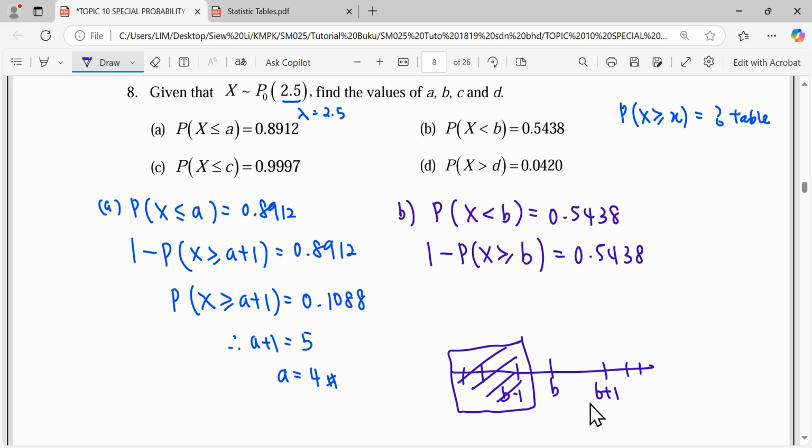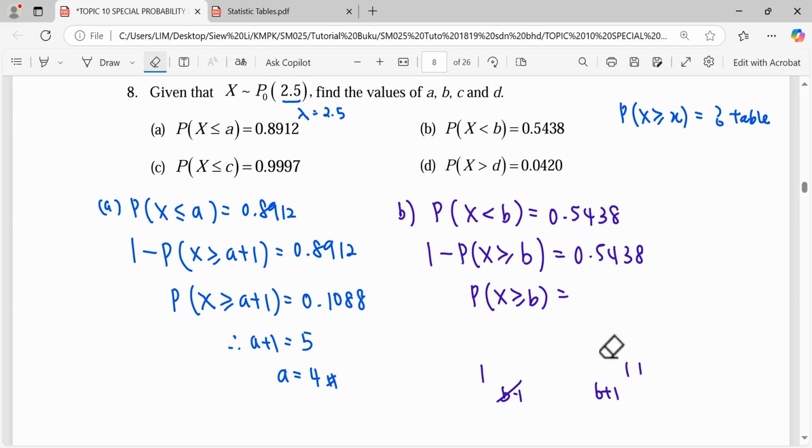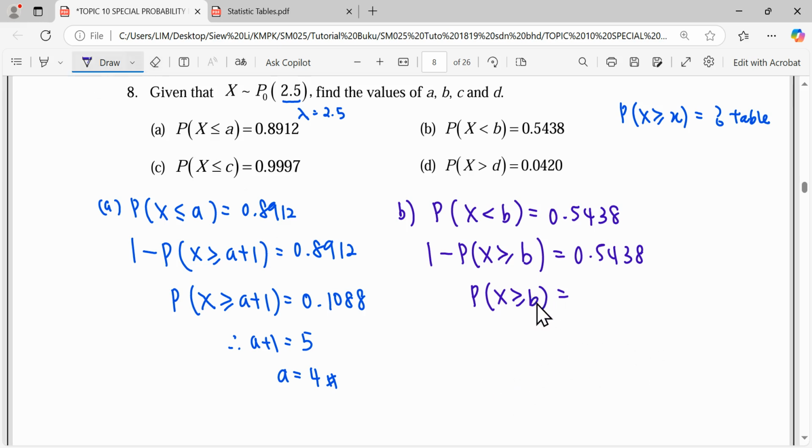So 1 is the overall probability, minus the right tail part, to get this region at 0.5438. We simplify: what is the reading here? Move to the right-hand side, minus 1, and then divide by the negative.